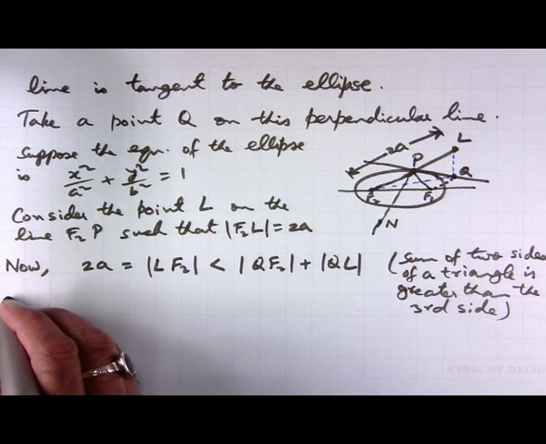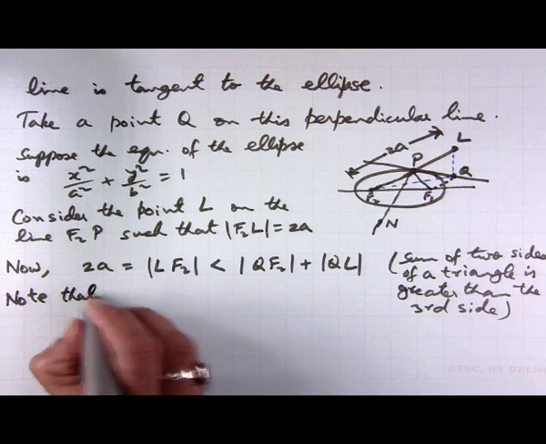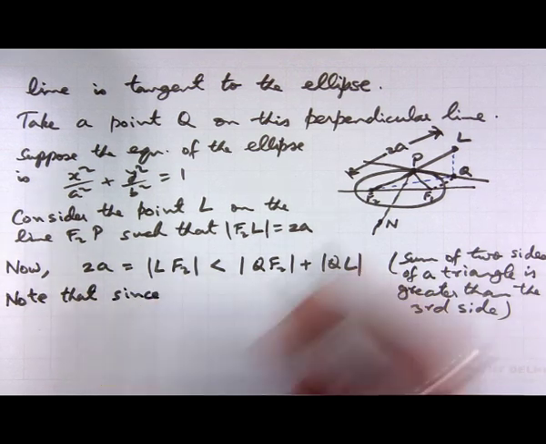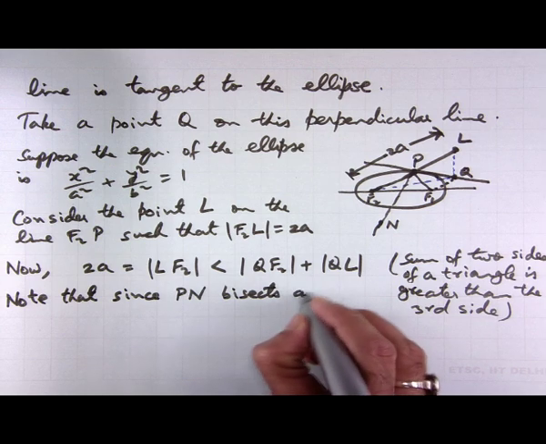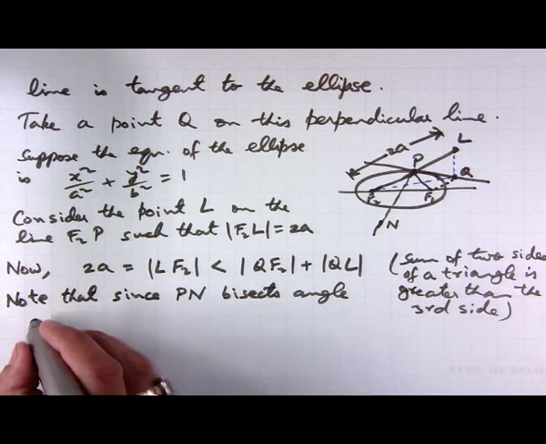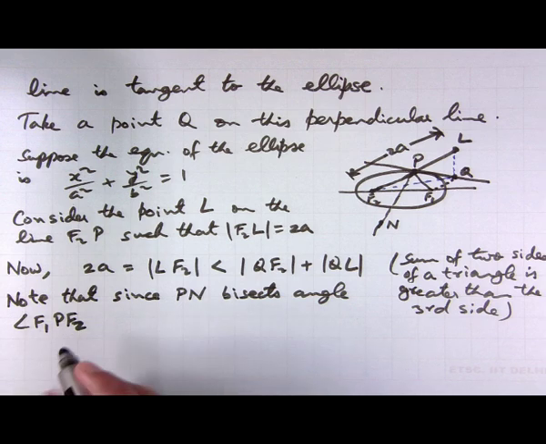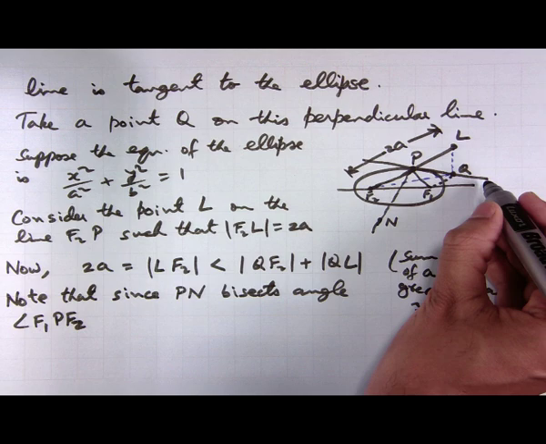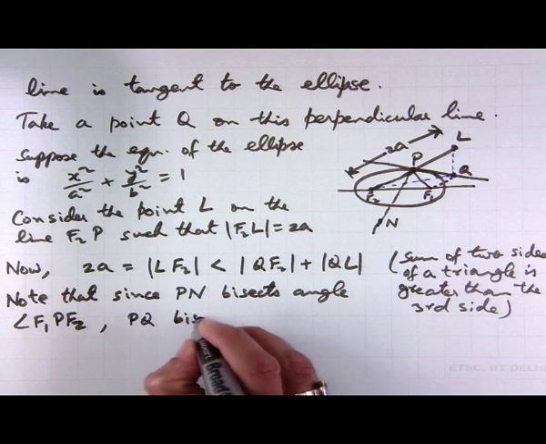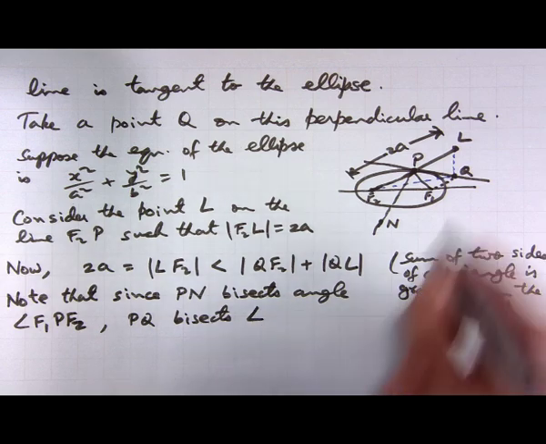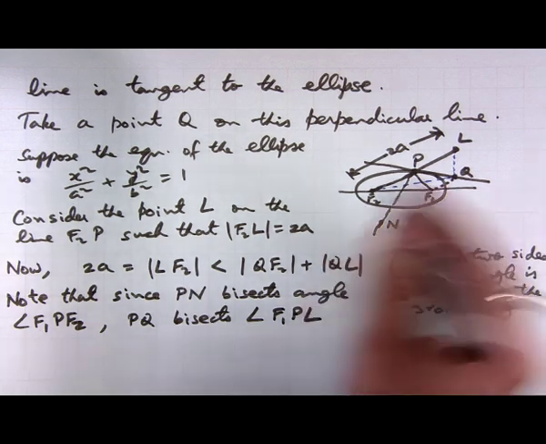Note that since P n bisects angle F1 P F2, we get that P q bisects angle F1 P L. This is because this is a perpendicular line.